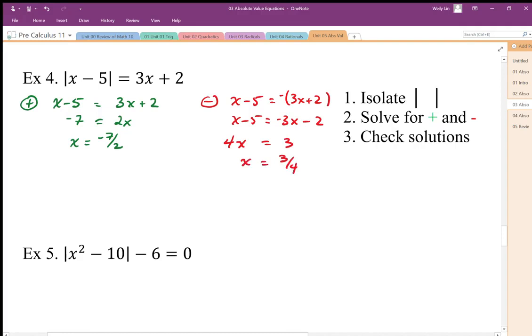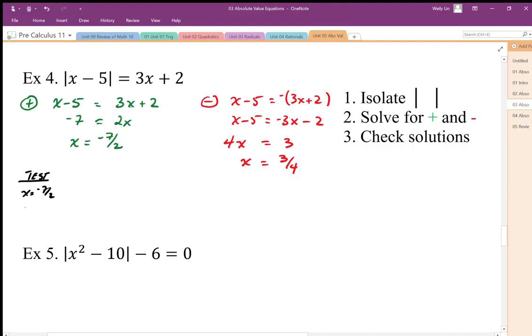Okay, so I've isolated the absolute value, I solved for the plus and minus, and I have to check solutions, because we've seen that it's possible to get extraneous solutions. So here I'm going to test x equals negative 7 over 2. When I plug it in, this is negative 3.5.